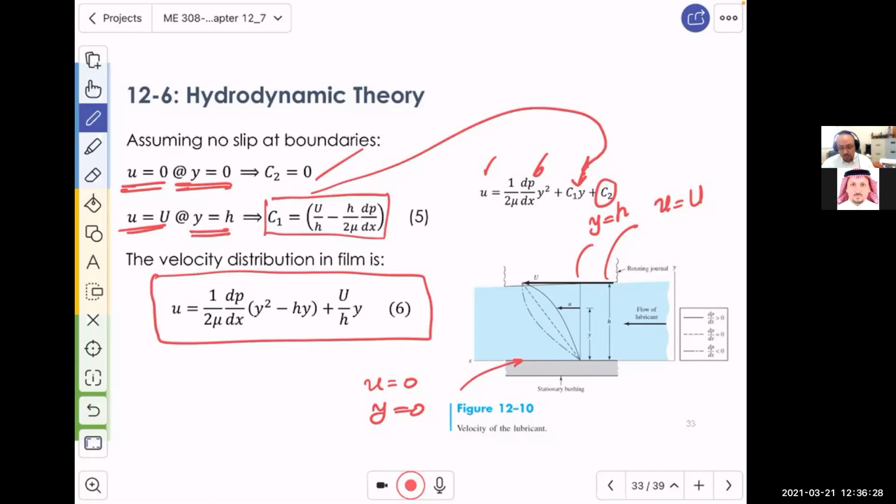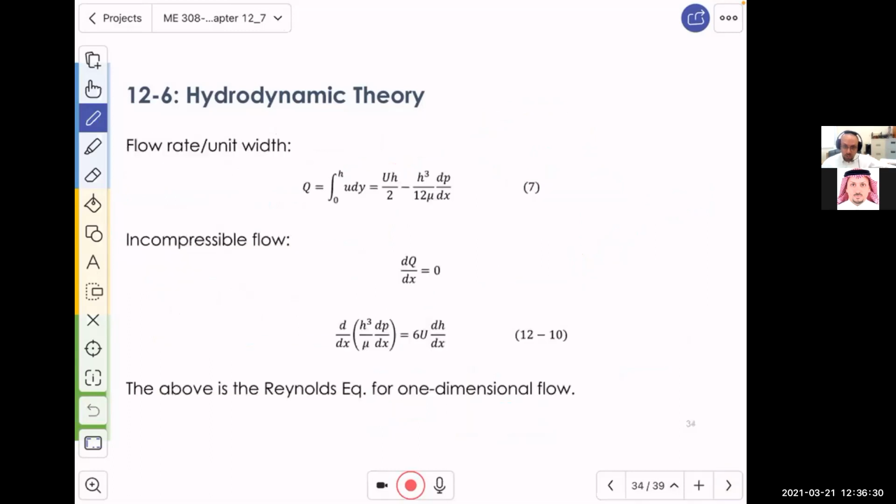This is not done yet. We need to see if we can further simplify this. So Reynolds said, how about if we think about the flow rate? The flow rate is how much of the fluid is passing through some area or volume, and that Q, the flow rate, if you integrate from 0, the bottom, to the top, which is h, u dy, then you will substitute the velocity.